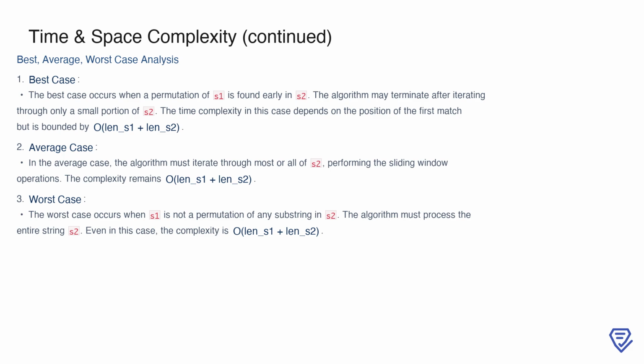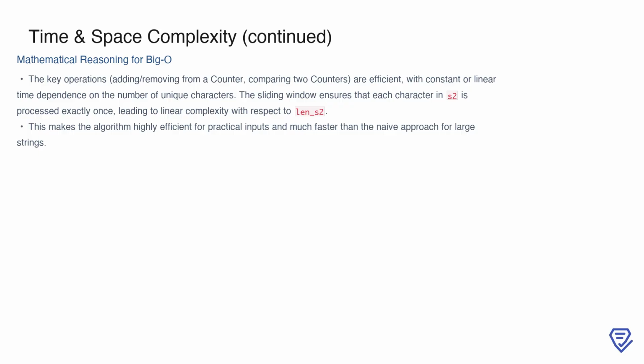To understand why the sliding window technique achieves this level of efficiency, we can reason mathematically about its big O complexity. The key operations, adding and removing characters from a counter, as well as comparing two counters, are all highly efficient. These operations depend only on the number of unique characters, which is typically small, making them O(1) or O(U) in complexity.